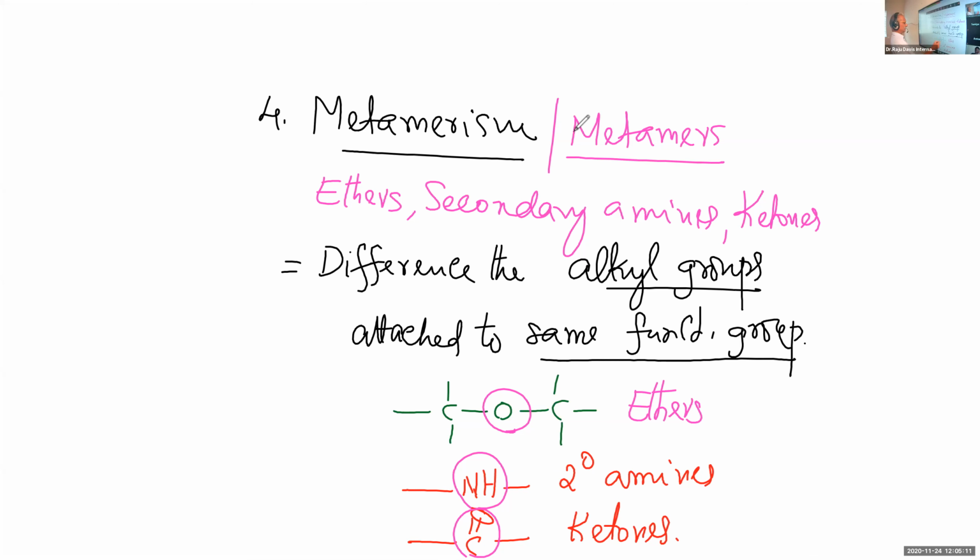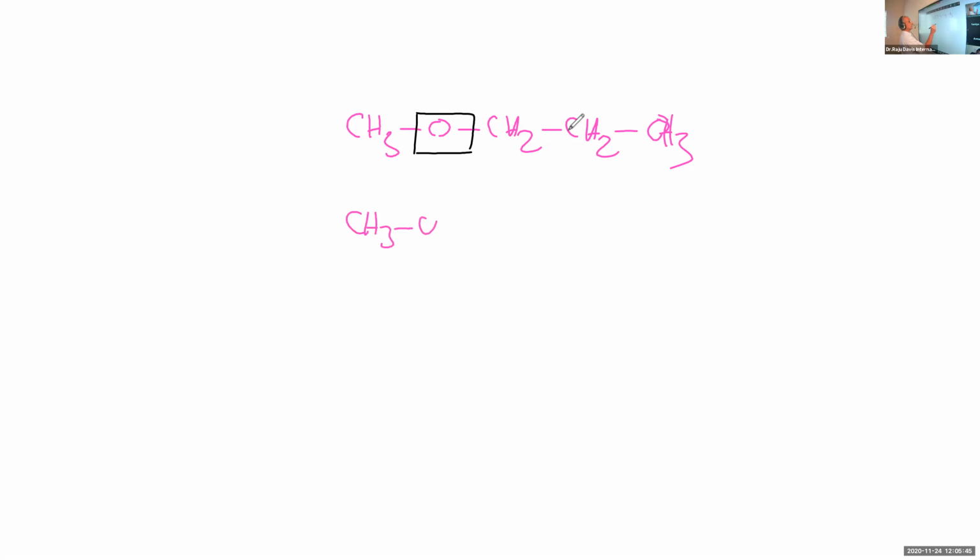Let us take some examples for ethers, amines, and ketones. Say, for example, you take CH3-O-CH2-CH2-CH3, an ether like this. Here there is the ether linkage. You take another ether, CH3-CH2-O-CH2-CH3.